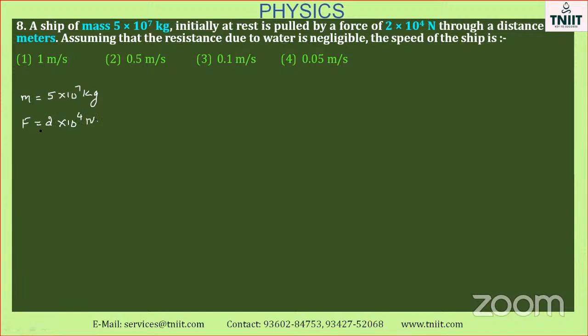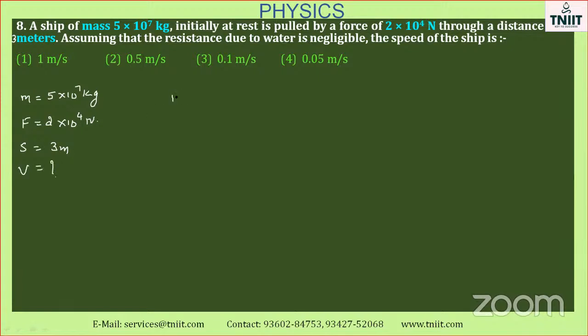Through what distance? Distance is missed, I think, there. Maybe the distance is 3 meter. What is the speed of the ship? V.